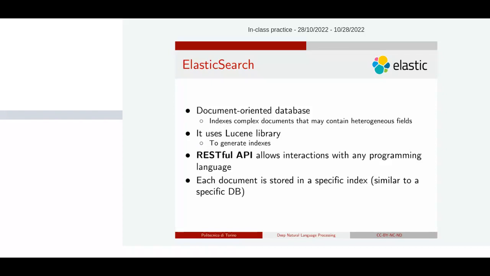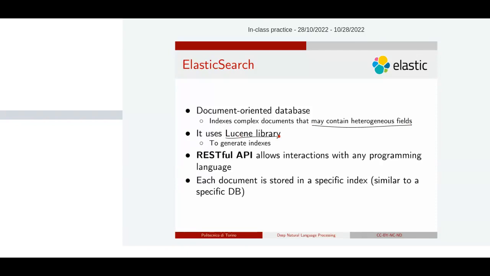We have indexes that may contain heterogeneous fields. It means that a single element indexed in Elasticsearch is a document that may contain different fields, like the text of the document and other information that can be different from one document to another.